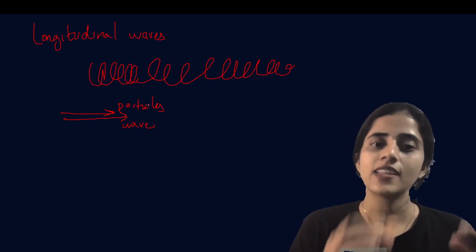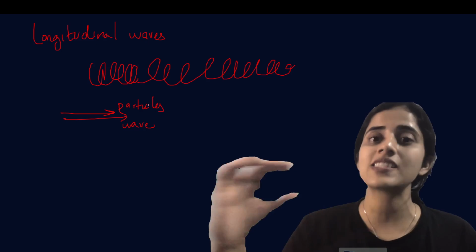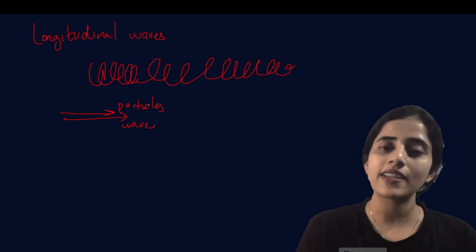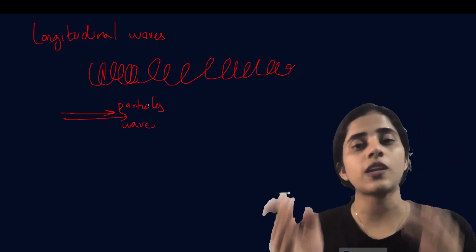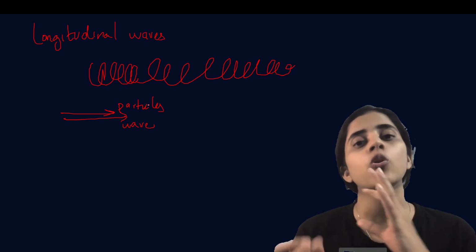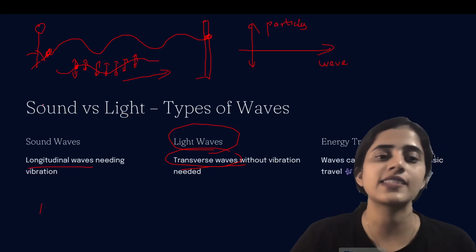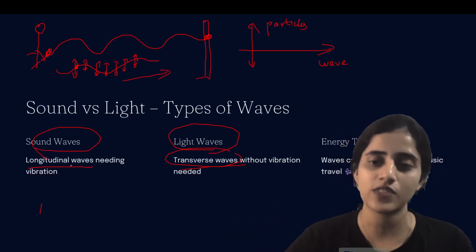Do you get that? They are parallel to each other. So the particles oscillate in a direction parallel to the direction of the whole wave. Such kinds of waves are called longitudinal waves, and an example is sound waves.